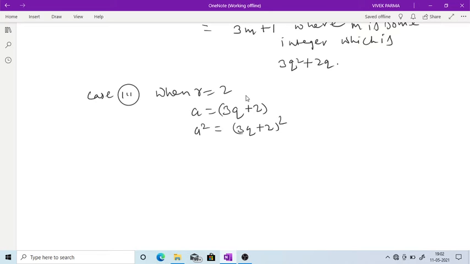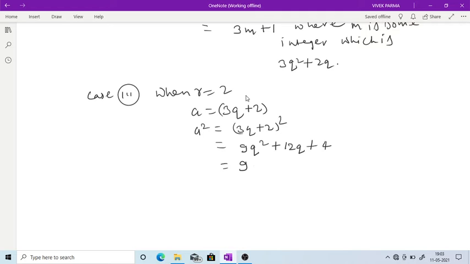So we have 9q square plus 2ab, which is 12q, plus 4. Now I'm going to break this 4 into 3 plus 1.